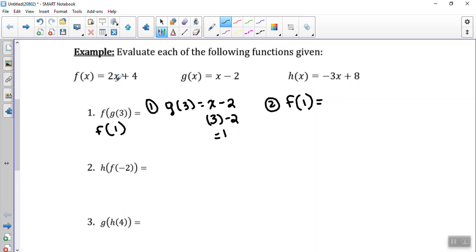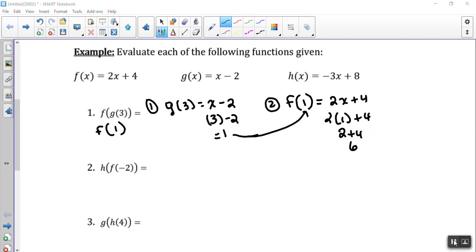I know where the f function is, it's right here, so I'm going to copy it down and plug the 1 into my function. 2 times 1 plus 4. So this is 2 plus 4, which is 6. There's no way for me to write this as a coordinate because I have so many different inputs, but for now the answer to this problem is 6.